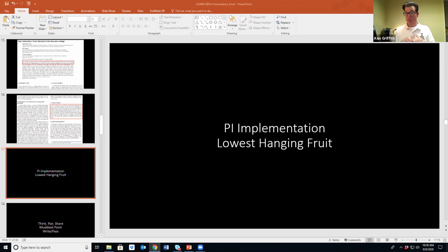So this is all peer instruction. It started with a think, pair, share, and a muddiest point all at the same time, because the question was, write down what you don't understand, what I just talked about. And then you can have them pair up, or you can have them do a 1 minute kind of thinking process.